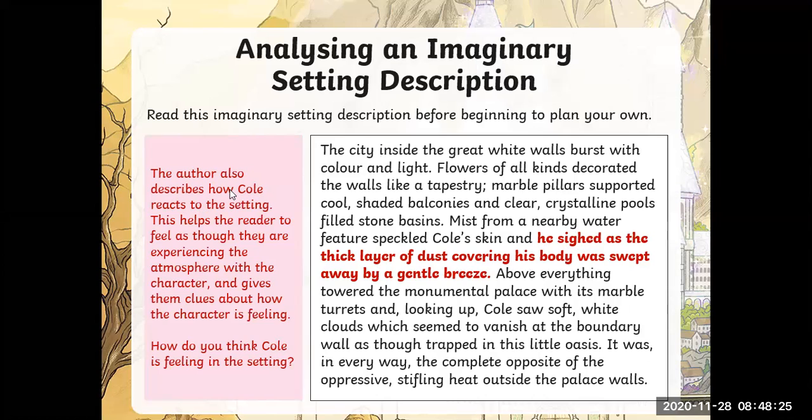So the author here describes how Cole reacts to the setting. This helps the reader to feel as though they are experiencing the atmosphere with the character, and it gives them clues about how the character is feeling. And like what we always say, use feeling phrases, use sensory language, use reactions to describe the physical reaction, to describe the character's feeling.